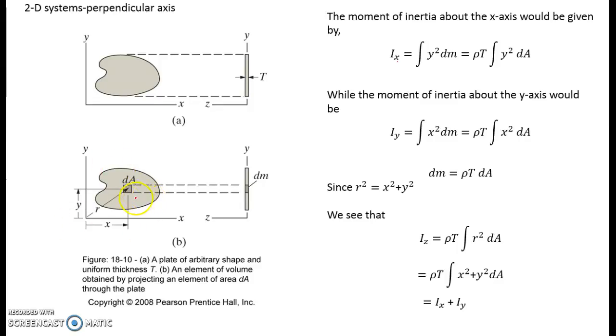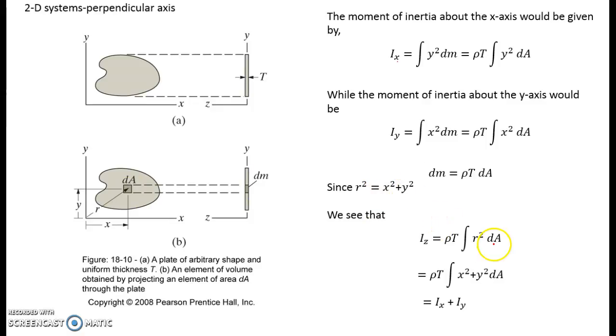So whatever is in the drawing, that distance from the axis must be the perpendicular distance that we need. But check it out. I know that perpendicular distance r squared is definitely given by x squared plus y squared.